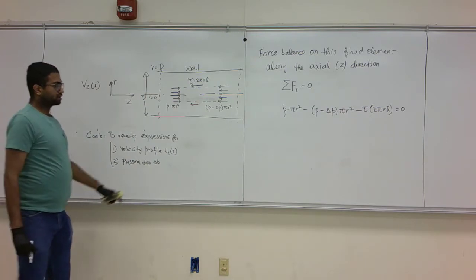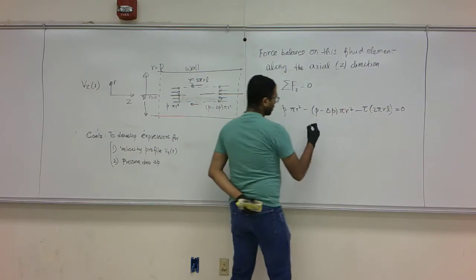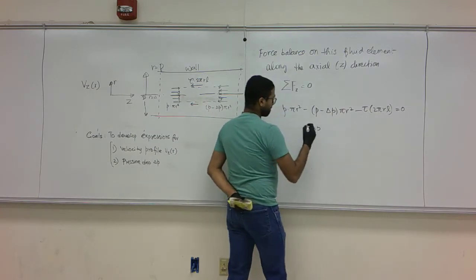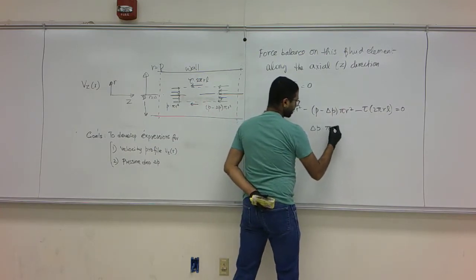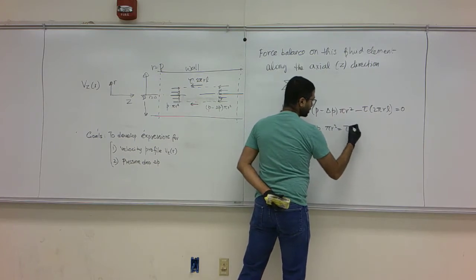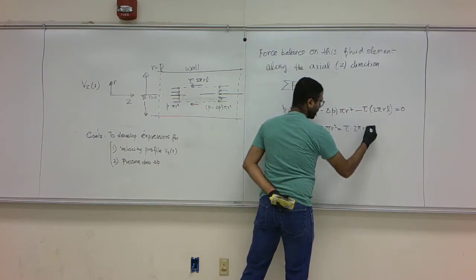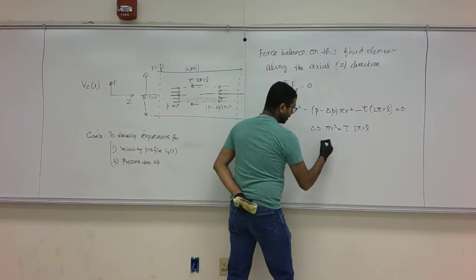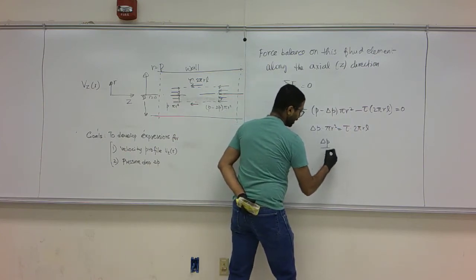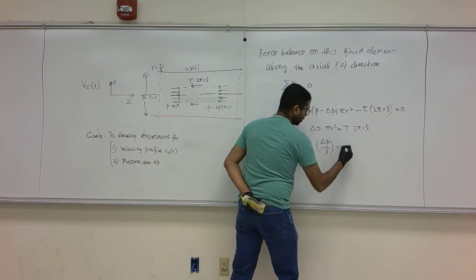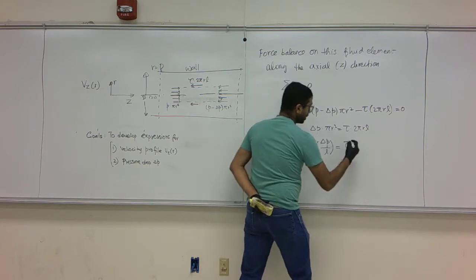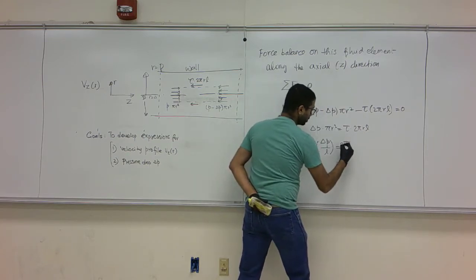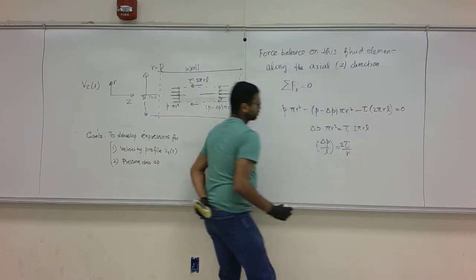If I simplify this, I get delta P times pi r squared equals tau times 2 pi RL. So I can write delta P over L equals 2 tau over R.